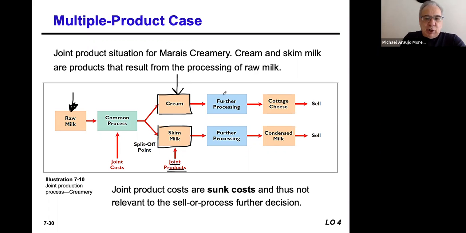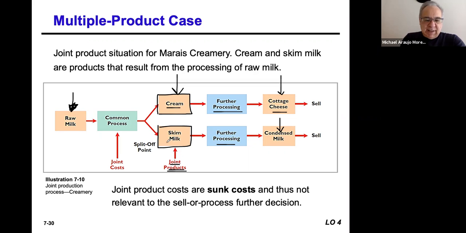If we process the cream further, we would have cottage cheese. If we process the skim milk further, we would have condensed milk. So these are the choices. Do we sell as cream or process it further to cottage cheese?